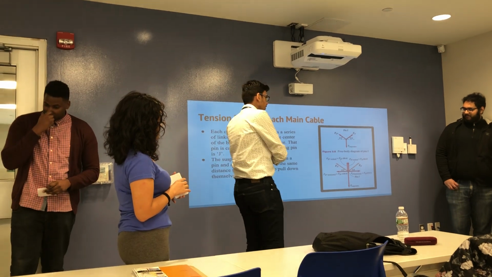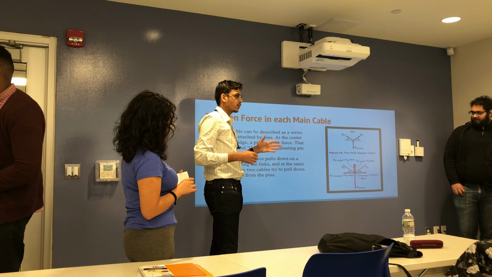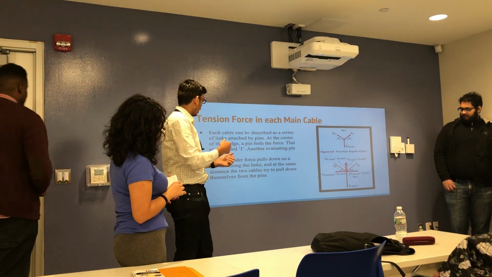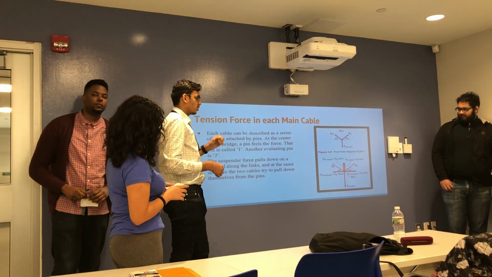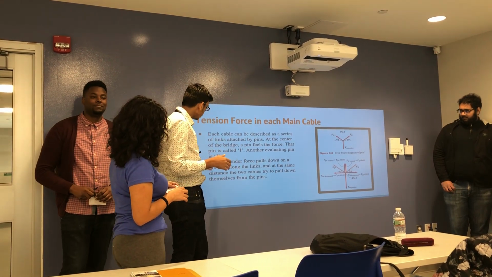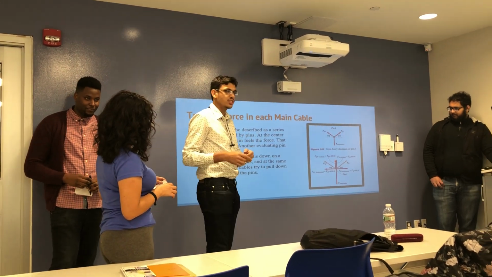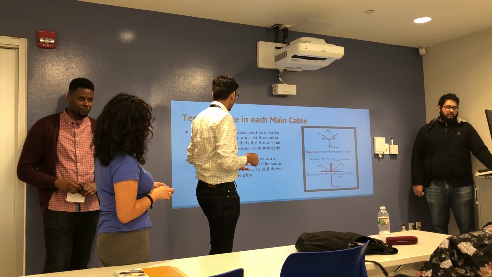Now in a main cable there is a tangent, so it has a bunch of pins, and each pin has a different force because their orientations and angles are different, so it's changing.